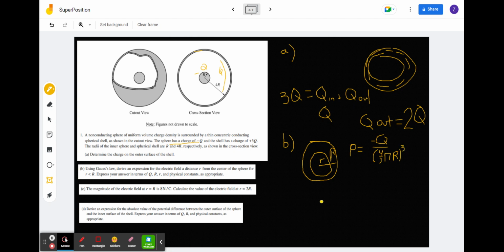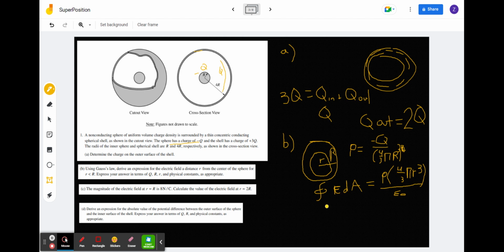Okay, now for Gauss's law, we say that the integral of E dA is equal to the charge enclosed, which we can write as rho times 4/3 pi small r cubed, because the density times the sphere that we're in should give the charge enclosed, divided by epsilon naught.